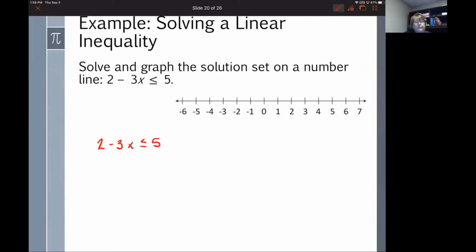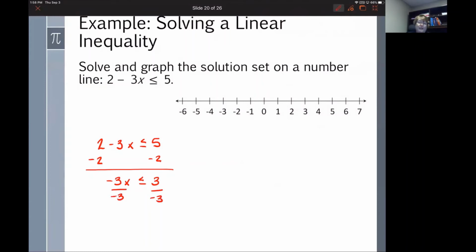The only thing I have to remember is if I multiply or divide both sides by a negative, I have to reverse the inequality symbol. So if this were an equation, I would subtract 2 from both sides. If this were an equation, I'd divide both sides by -3.